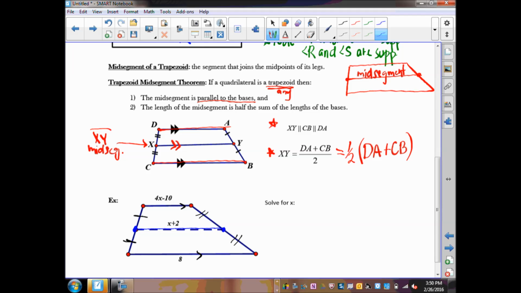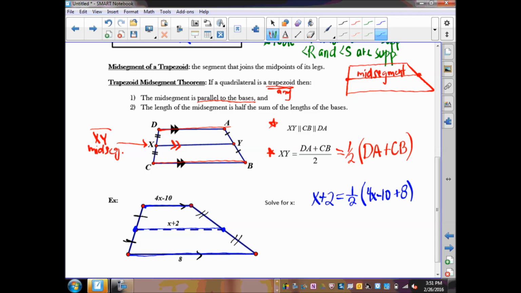So our mid-segment, which is x plus 2, by that property, is equal to 1/2 times the sum of our bases. My top base is 4x minus 10, and my bottom base is 8. So let's solve.